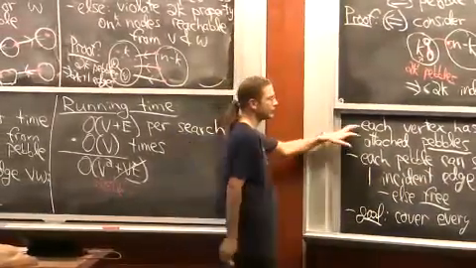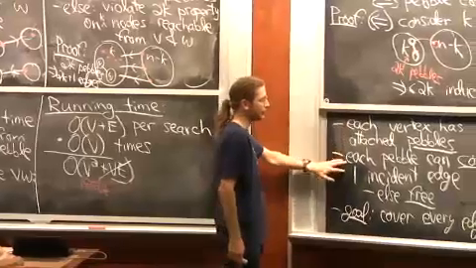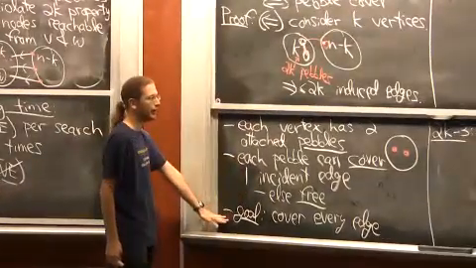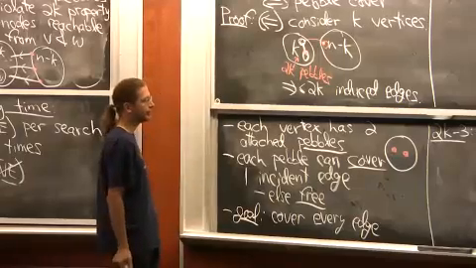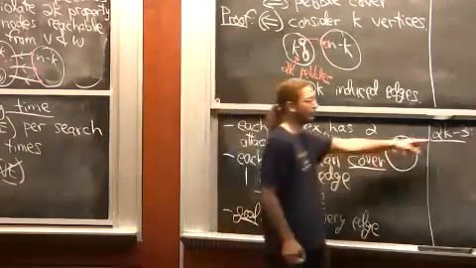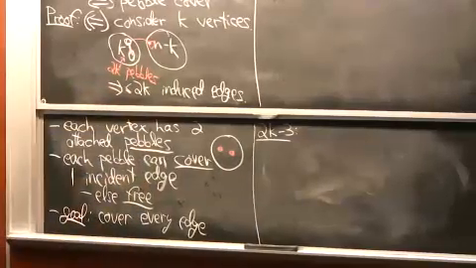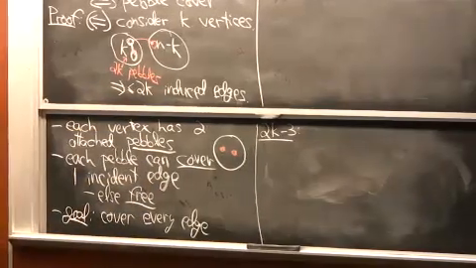So in particular, every vertex has to attach pebbles. Each pebble can cover one incident edge, otherwise it's free. Our goal is to cover every edge. But it's slightly different. We have to deal with this minus 3 business. And for that, we need another claim.